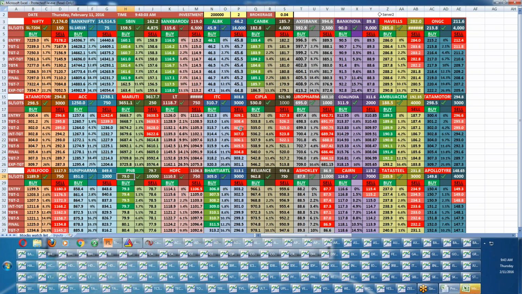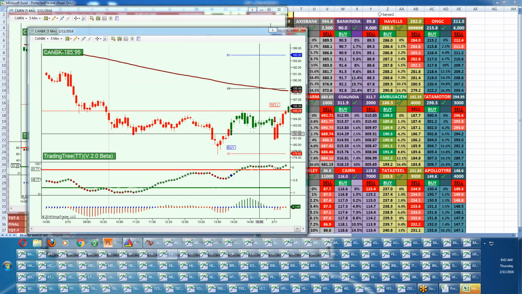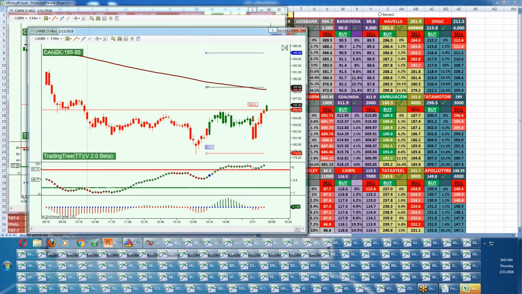You can just see Can Bank. Yeah, we'll get a buy call here, confirmation. It has already done all its profits there.